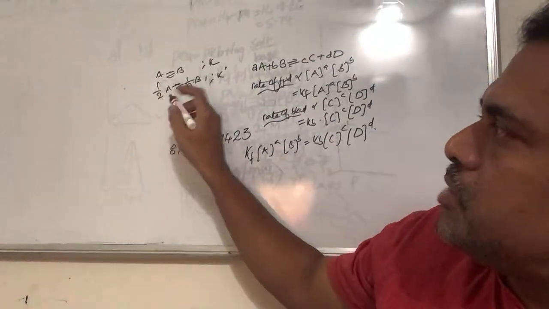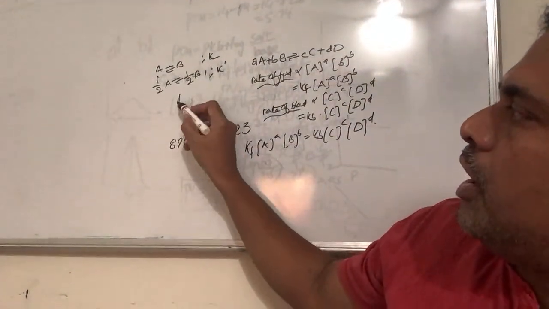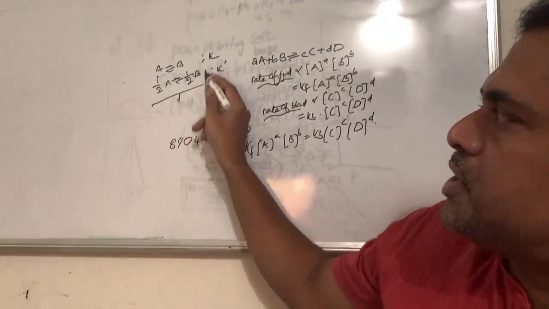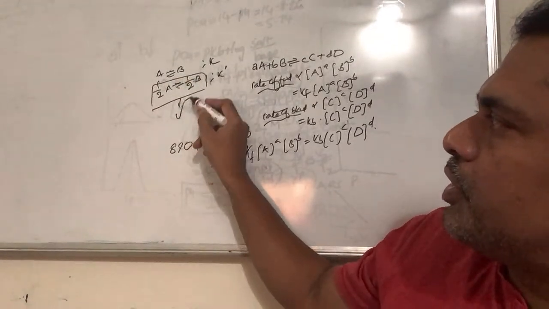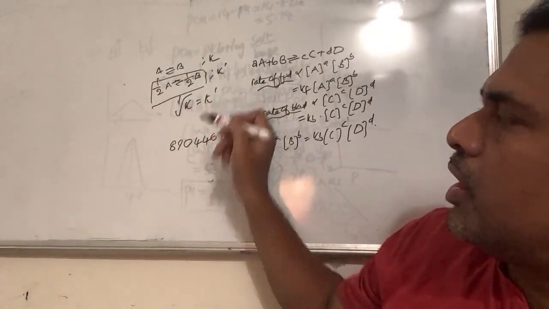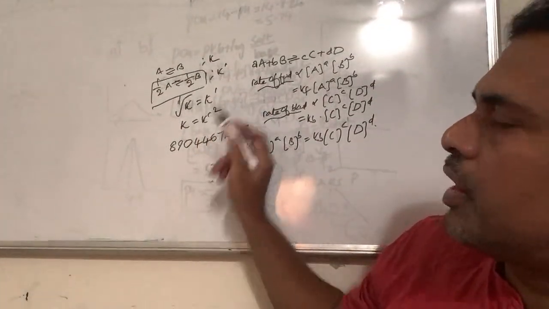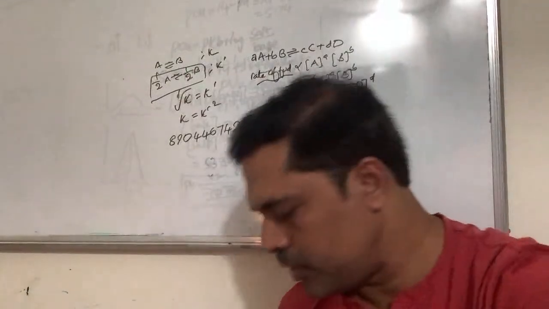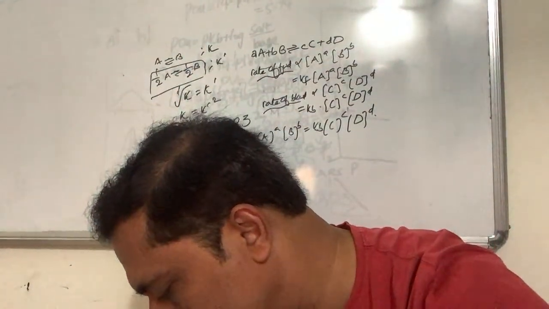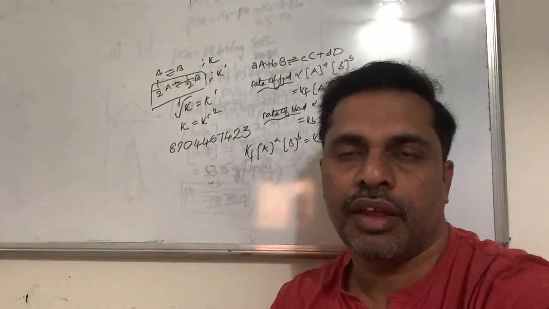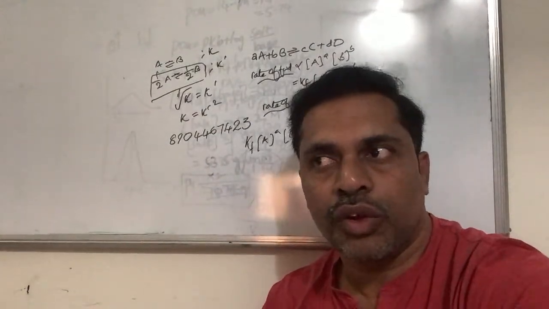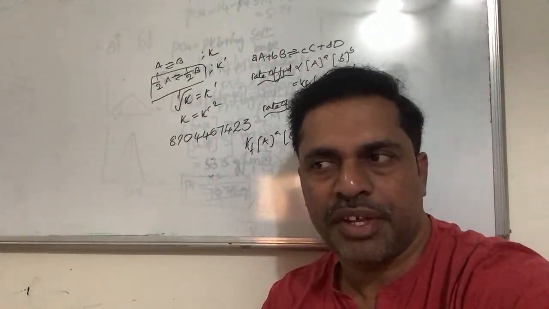When the reaction is made half, K dash is nothing but the root of K, or K equals K dash squared. So for such calculations, when you are using that, you can't say there is no reason. There must be some reason.